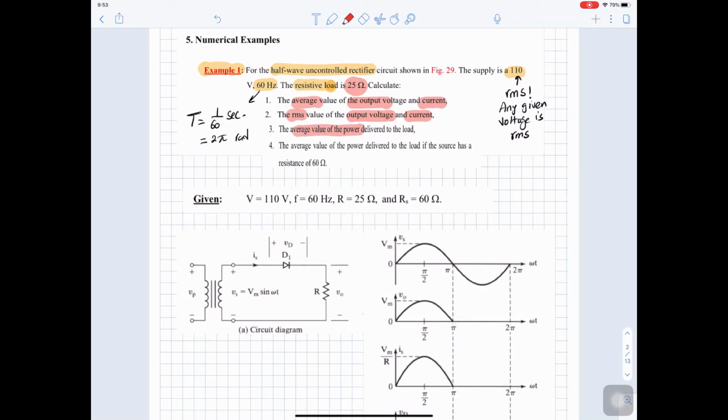We need to find the average power delivered to the load, and the average power delivered to the load if the supply has a 60 ohm resistance. And this is one of the good tricks that can be added to this kind of questions, okay? Which is a circuit trick. You should be able to solve it.